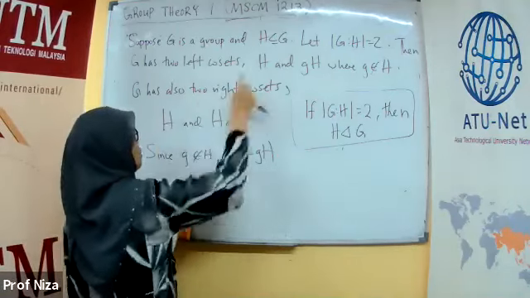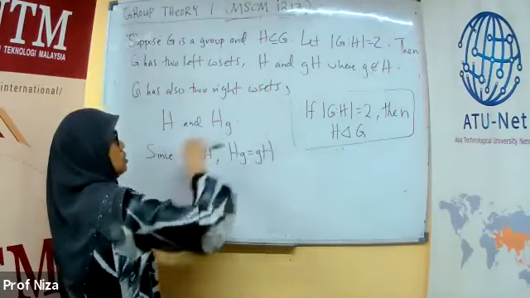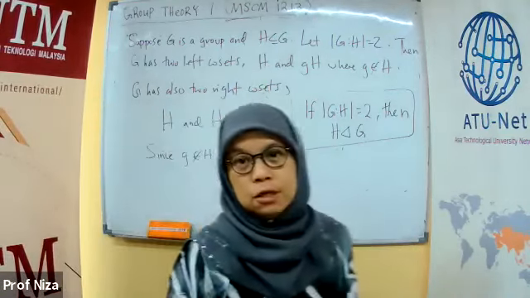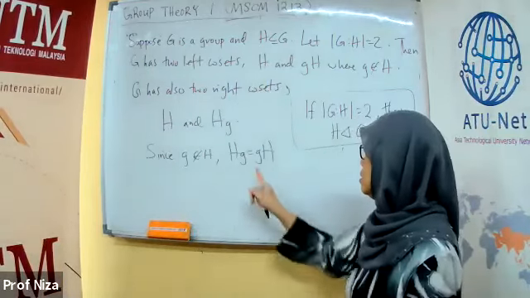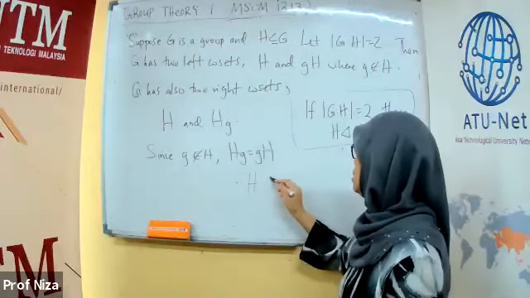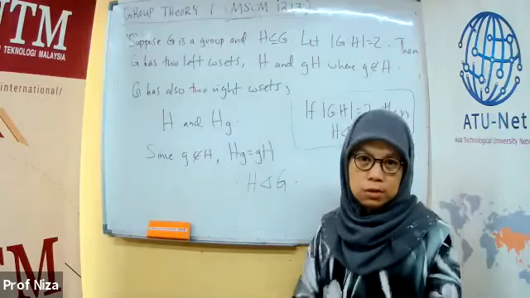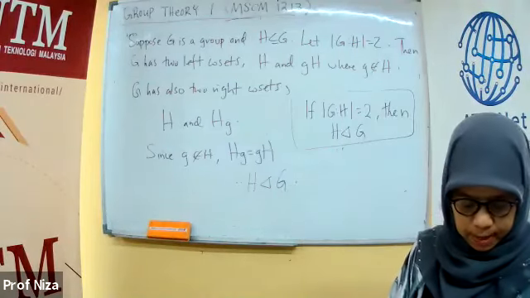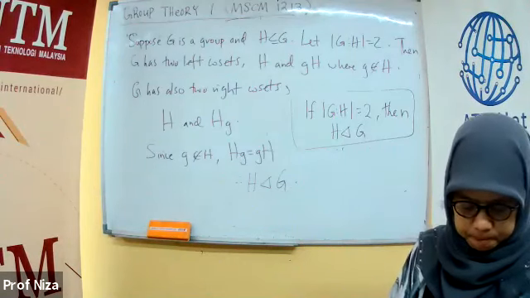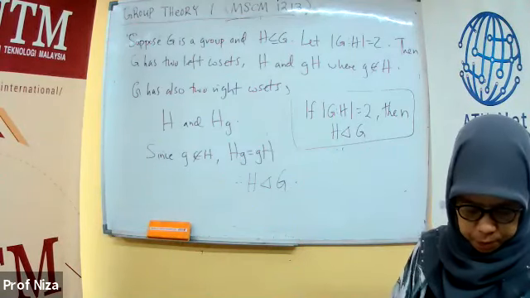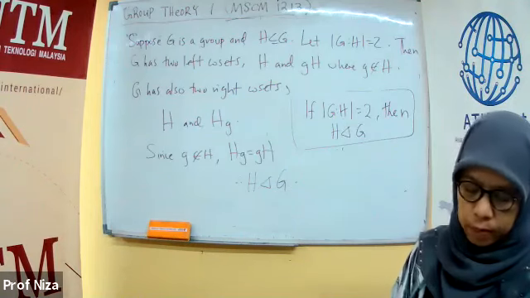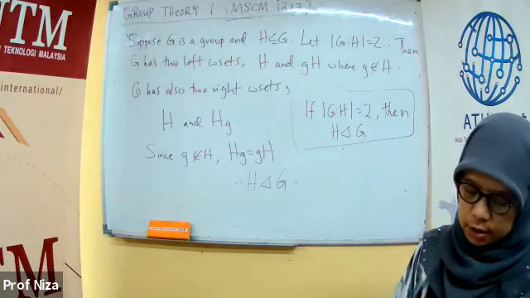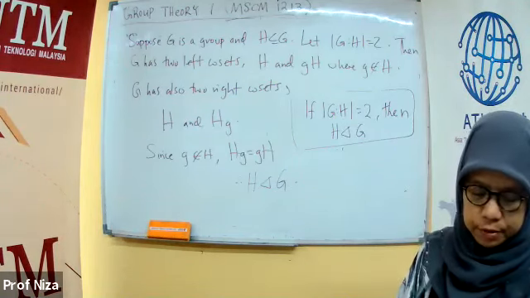H is already one, g is not in H, so Hg is gH for all g. So H is normal, right? Okay, the others are quite straightforward.